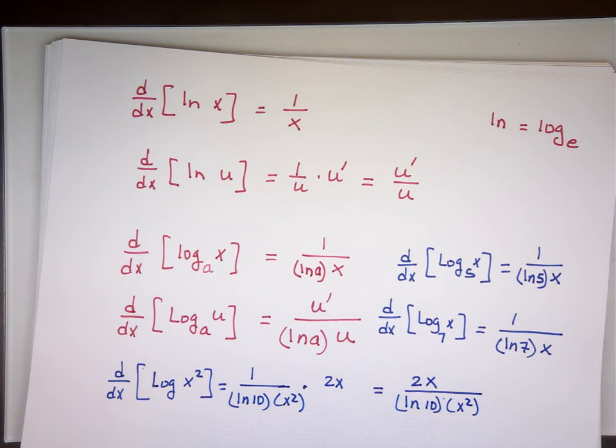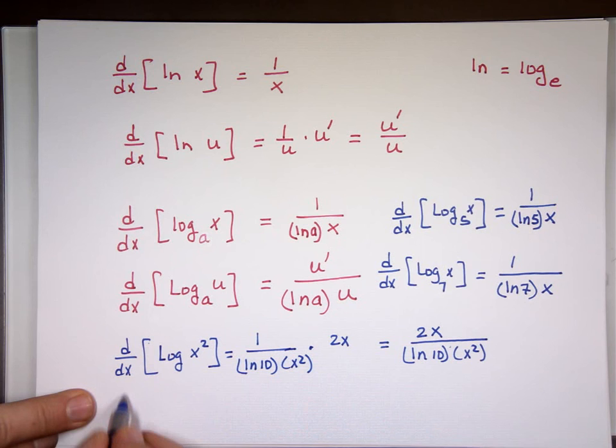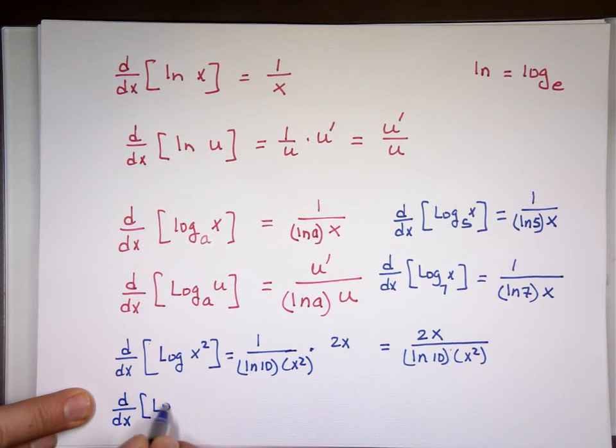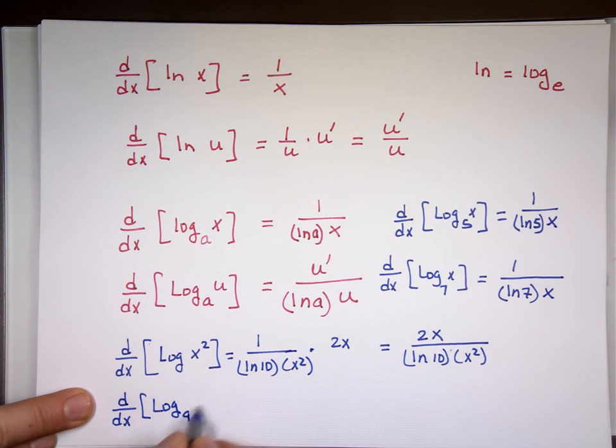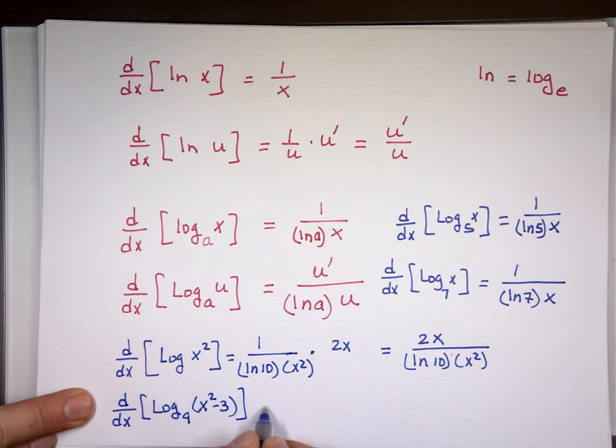One more example, then we'll answer questions. Log base 9 of x squared minus 3. I know I'm going to need the natural log of 9 in the bottom. Might as well just put it there.